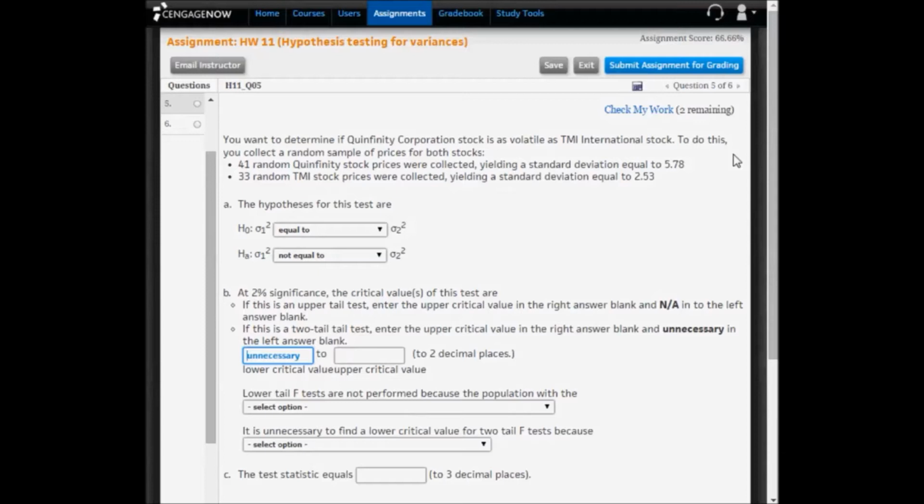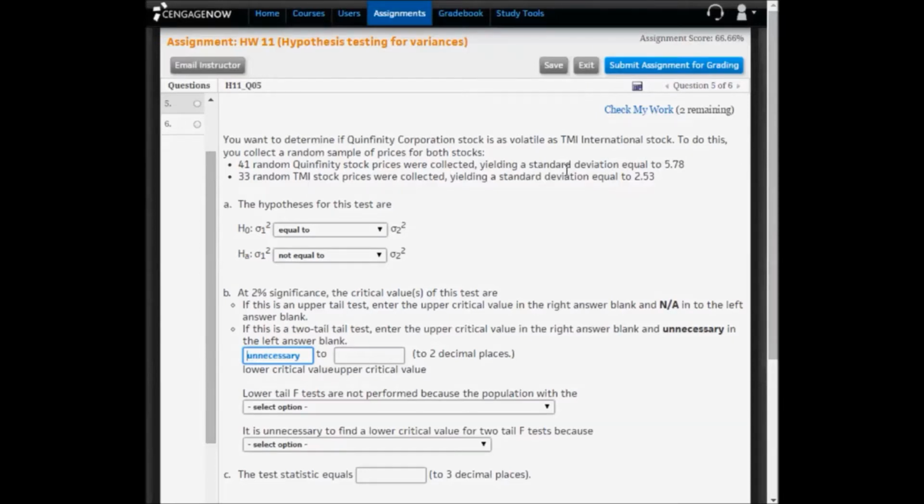The reason for that is because for an F test, population 1 is determined when the two sample variances are compared. Population 1 always corresponds to the larger sample standard deviation.